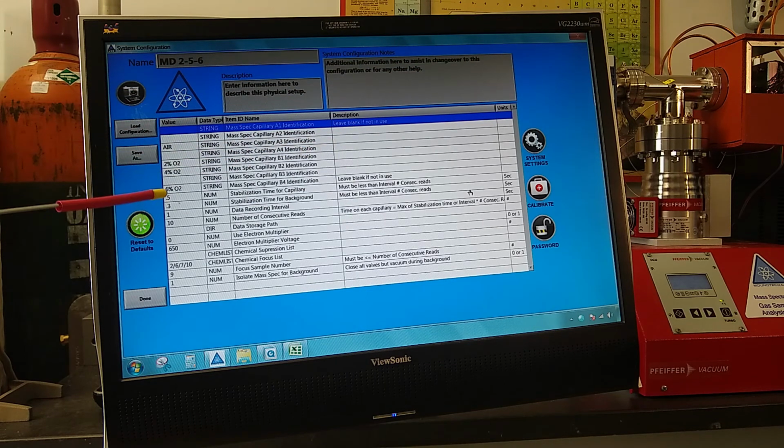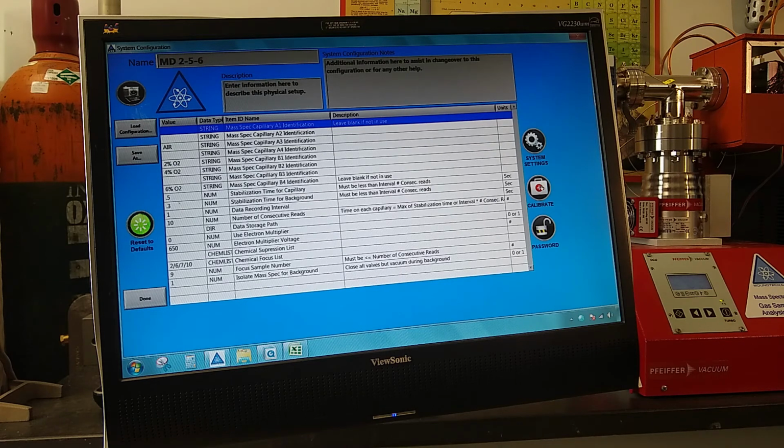We can provide nicknames for them to make it easier for us to track, and allows us to set up automatic modes of sampling so that we can configure which capillaries are active, how long to sample on each capillary, and configure things also such as the background measurement, how that is performed, as well as specific mass spectrometer configurations such as whether or not the electron multiplier is activated or what voltage that may be set at.